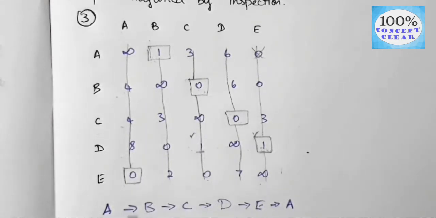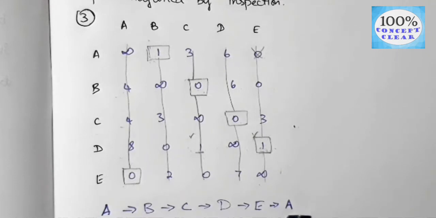Also he has travelled all the cities only once, not twice or thrice. Also he returned back to the city where he started. He started from A city and he completed in A city. So now this satisfies the travelling salesman condition. And this is the optimum solution in the travelling salesman problem.